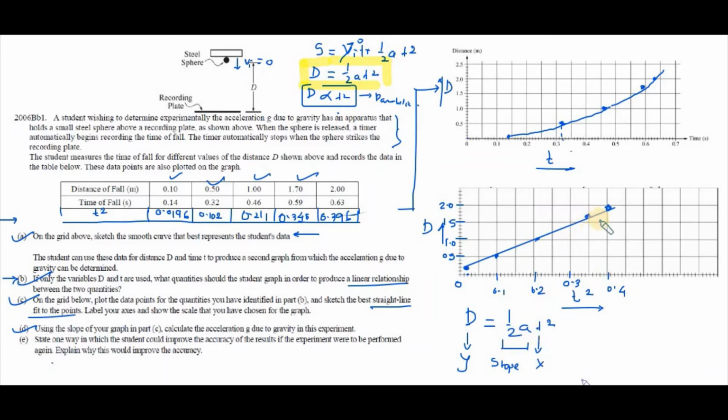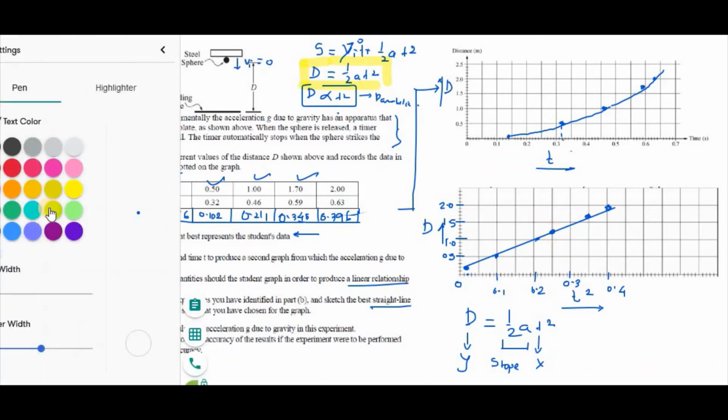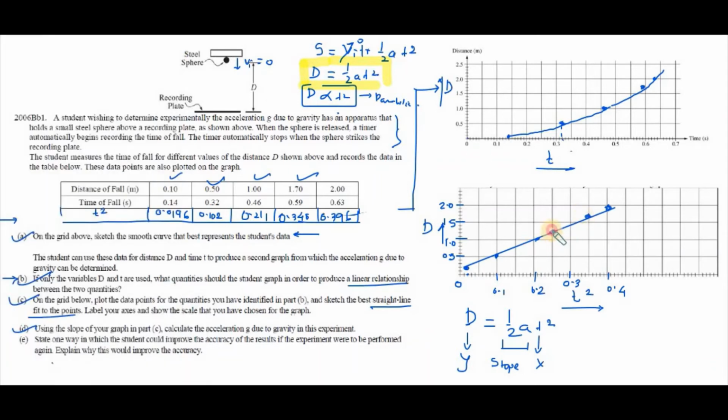Now let's compute the slope from this section. Let's figure out 2 points which are known to us. Let's consider one point located here and one point located here, or you can consider any 2 points from here.